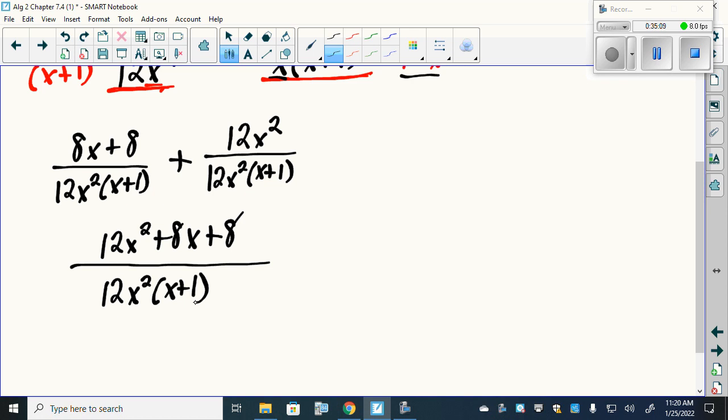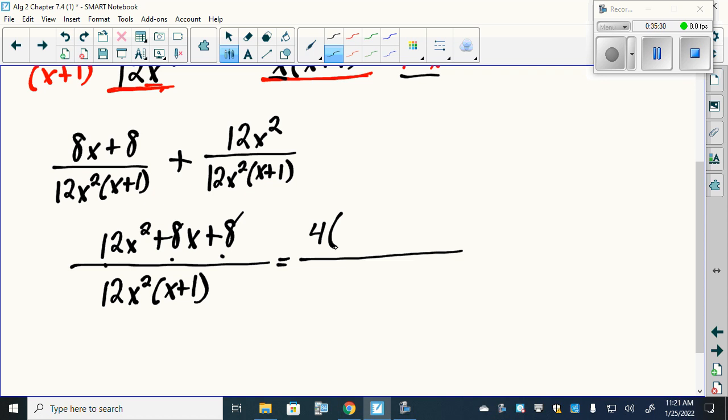So again, before we finish this up, we do need to see if the numerator can factor at all or has a greatest common factor. Is there one? Well, 12, 8, and 8 do have a greatest common factor of 4.